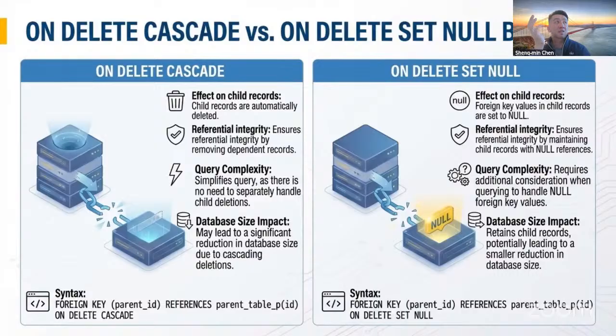Maybe the database developer has customized it so that if this class is deleted, also go ahead and delete all the enrollments to this class. Maybe they want to save space, or they don't want to keep the history of registration.